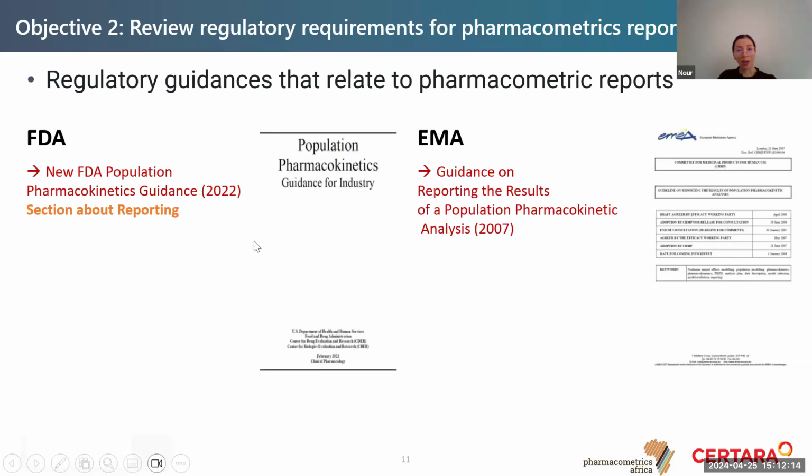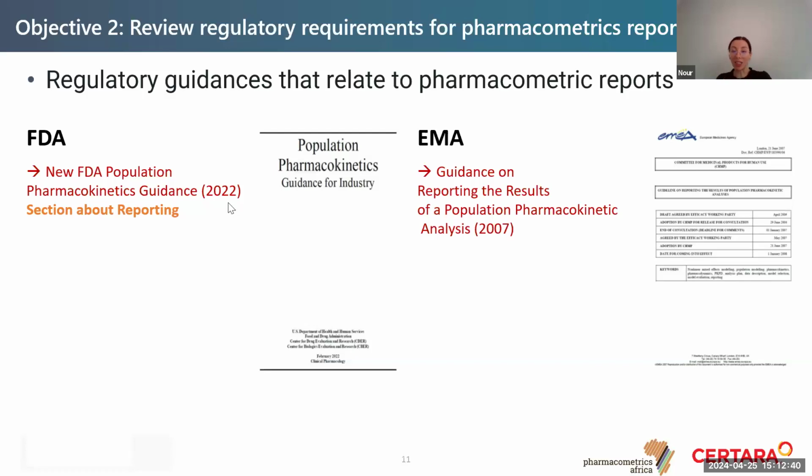So I know that at this stage of the APT program, we are all able to recognize these two guidances. The first one, the FDA one, the new population pharmacokinetics guidance, is a general guidance for pharmacokinetics or population pharmacokinetics, and there is a section about reporting.